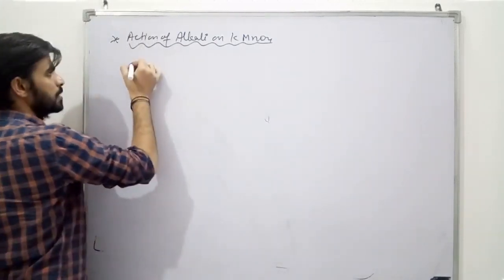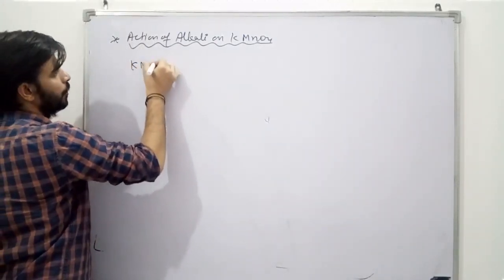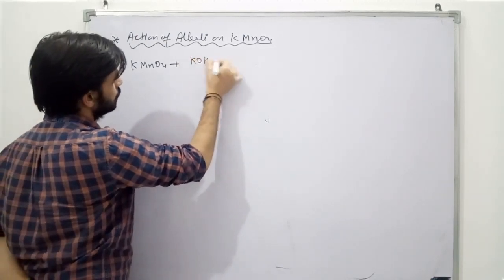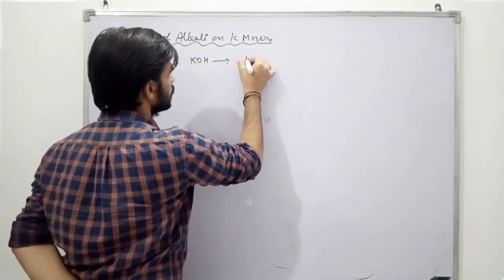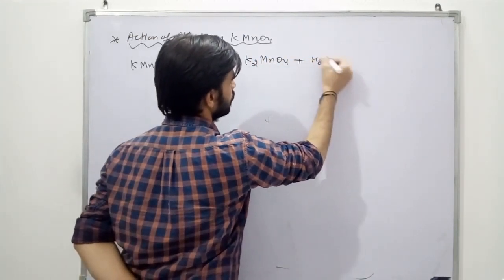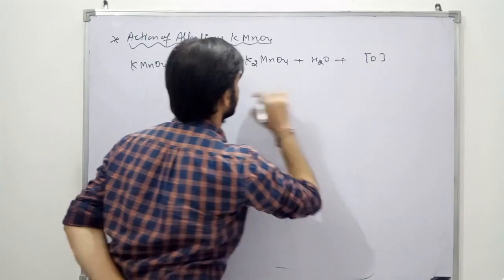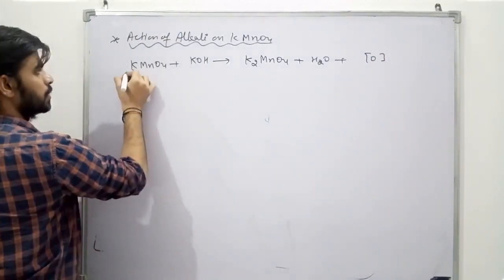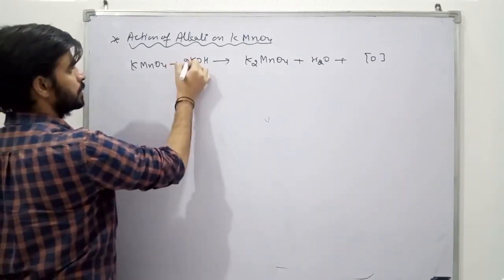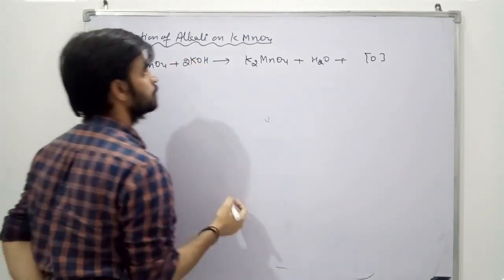Let's focus on this. KMnO4 when treated with KOH converts into K2MnO4 plus water plus nascent oxygen. Now check the equation. We have K, but we have 2 hydrogen, then 2 hydrogen.